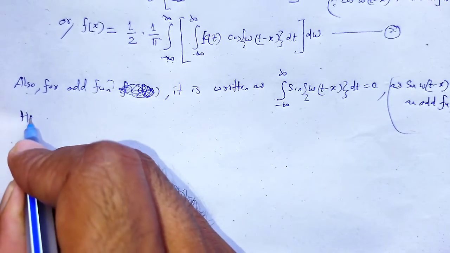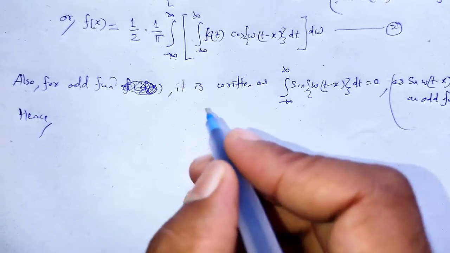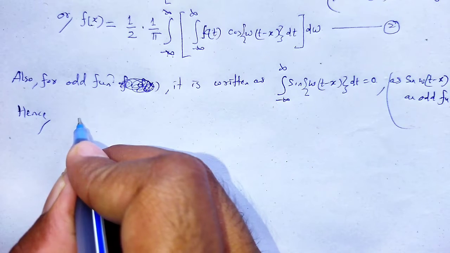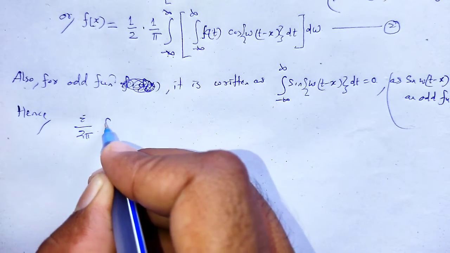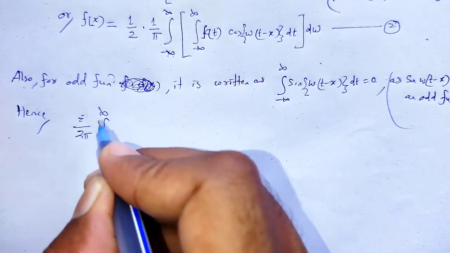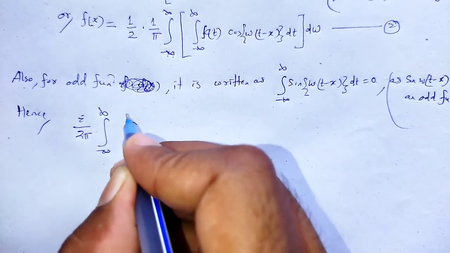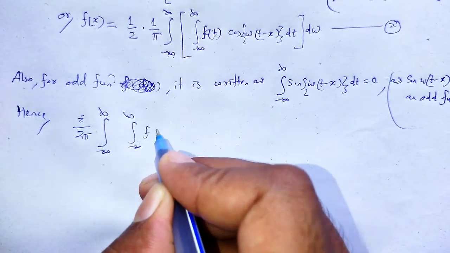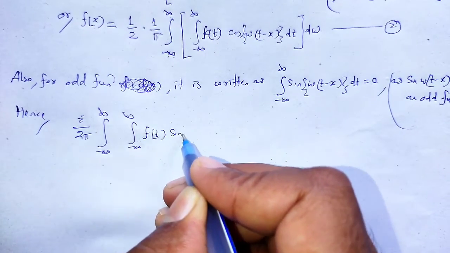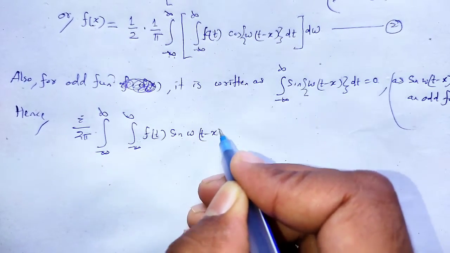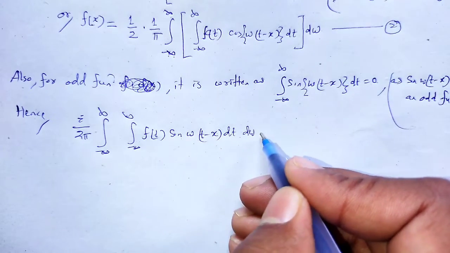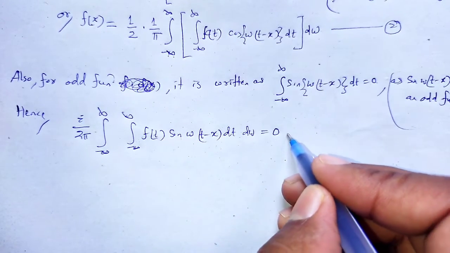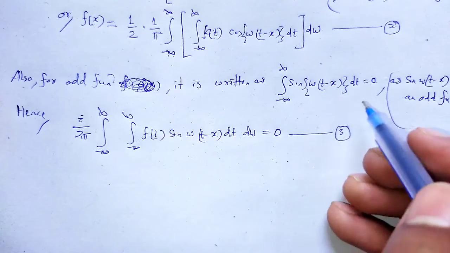Hence, it can be written like this. If I multiply i by 1 by 2 pi, integral from minus infinity to plus infinity, minus infinity to plus infinity f of t sine omega of t minus x dt d omega, it will be 0. There will be no such change.